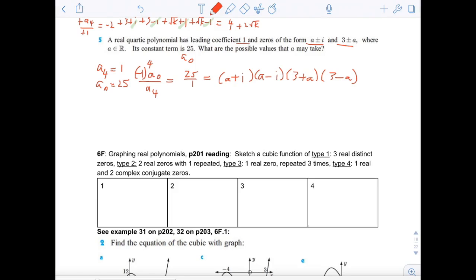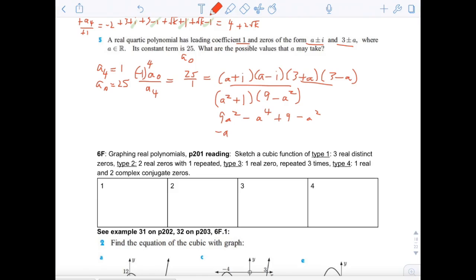So let's expand this. So we have a squared minus i squared, which is minus negative 1, which is plus 1. And then we have 9 minus a squared when we expand these two. And then can we do FOIL on this? So 9a squared minus a to the 4th plus 9 minus a squared.